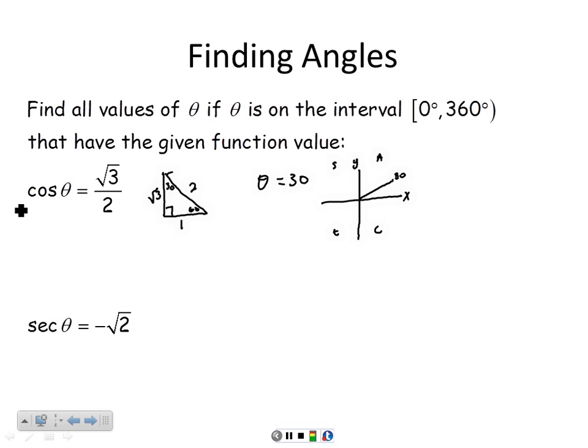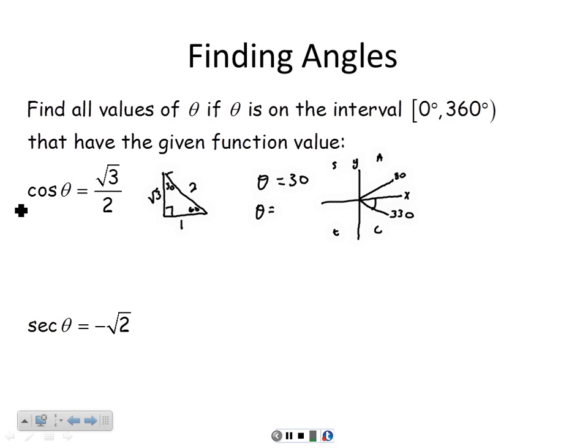But we also are looking at cosine, so we're also looking at a reference angle down here of 30 degrees. So if we look at that reference angle, we can also get 360 minus 30, so our reference angle is 30 degrees, but the actual angle is 330, because you can do 360 minus 30 degrees of your reference angle.